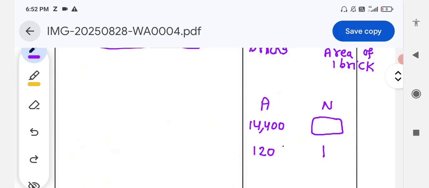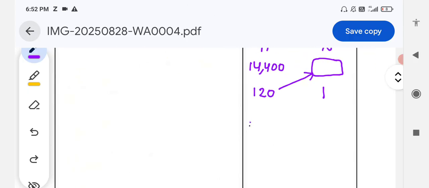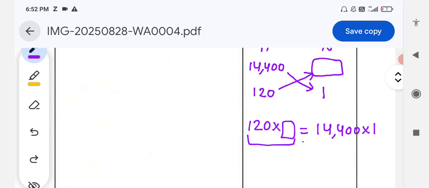So now without any formula, just do the cross multiplication and equate them. 120 into that box value is equal to 14,400 into 1. So basically we're equating both the cross multiplied values. This is the advanced concept of the unitary method.